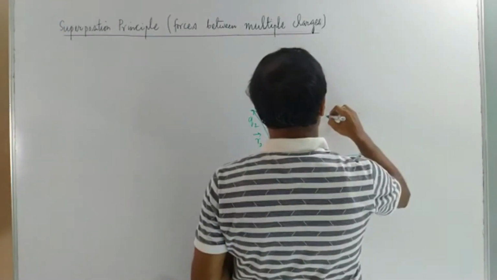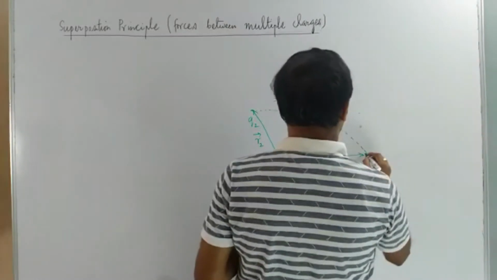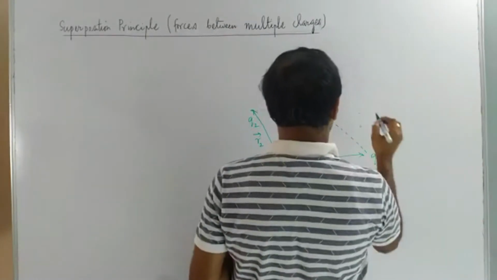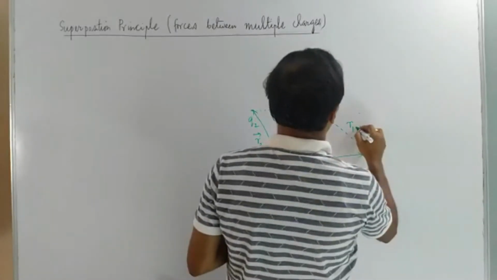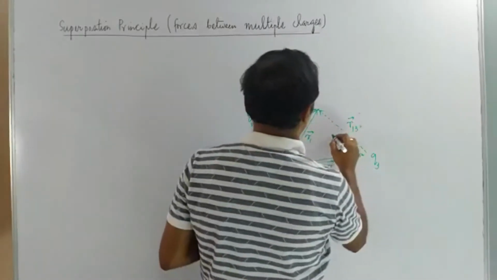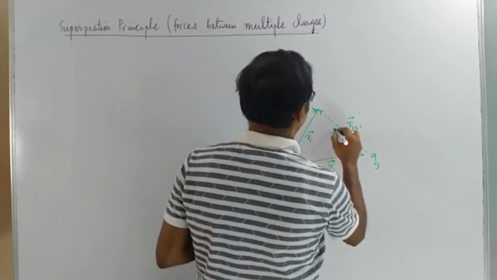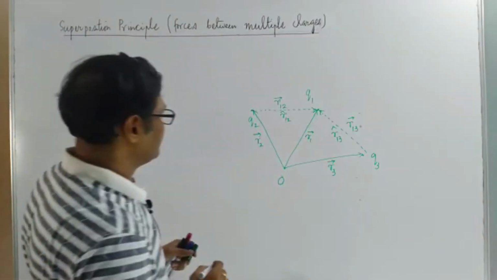Similarly, I may consider this as the R13 vector, with the corresponding unit vector as R13 cap.